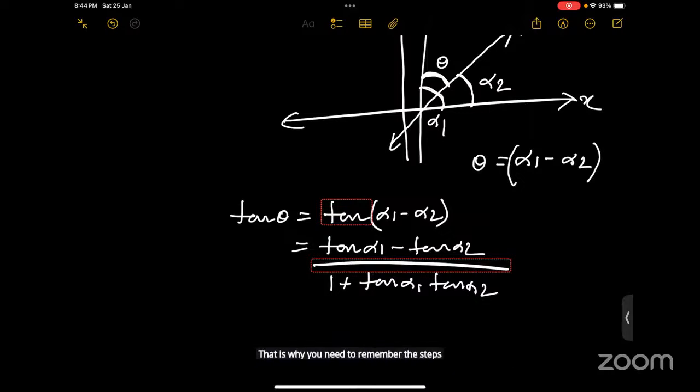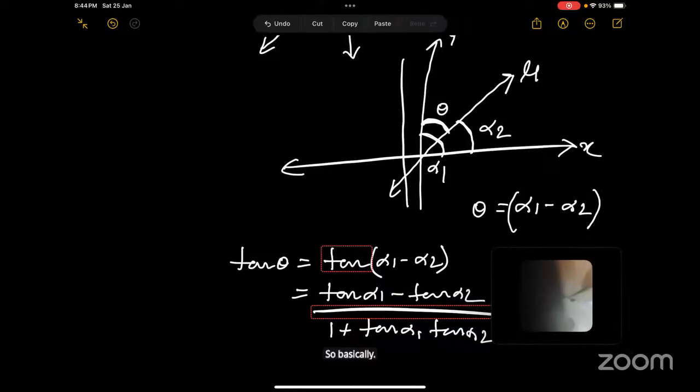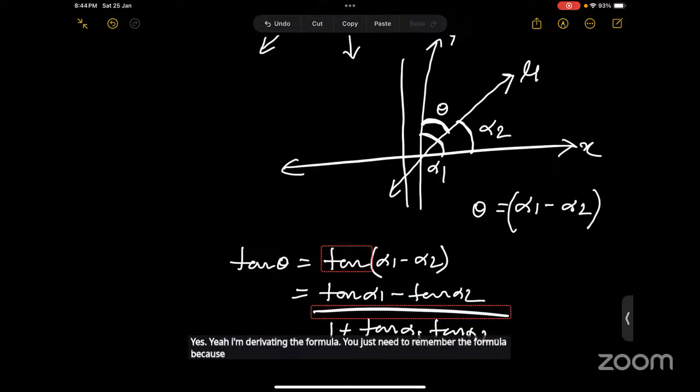I am deriving the formula for the angle between two lines. You may sometimes use it in exams or in your assignments.